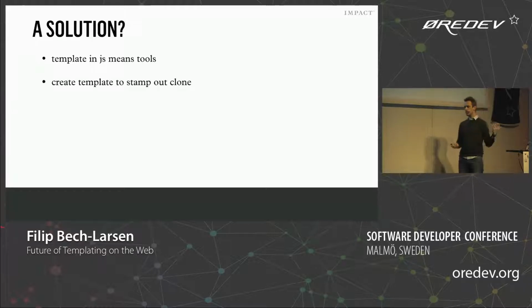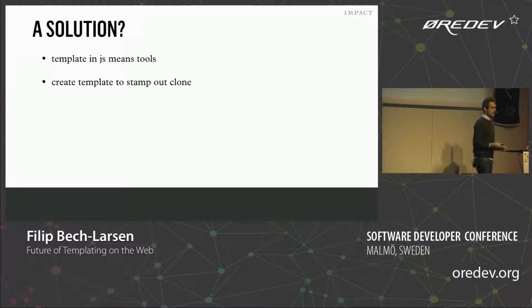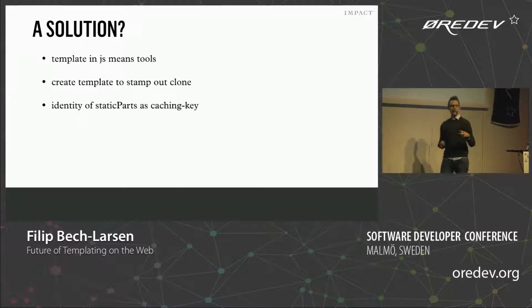So then whenever we have a template, we could use the template element to create an instance that we can very easily clone. So it's really fast to create the DOM eventually. And then because we can do the setup only once and use the fact that the static parts array are the same, they're the same identity, we can use that as a caching key.